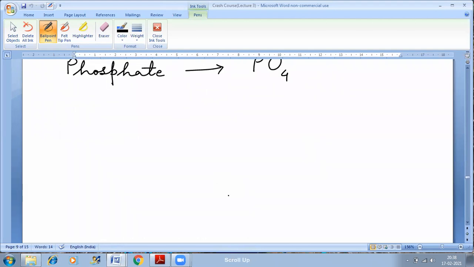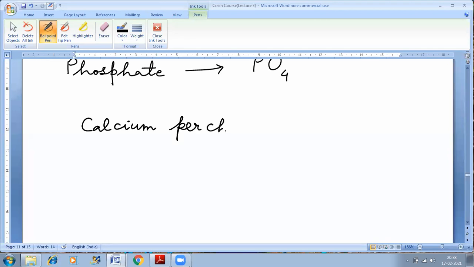So I'm giving one example now. Let's say I have to write the formula of this salt. How to write the formula of this salt? First, I will check the cation, and then I will check the anion.